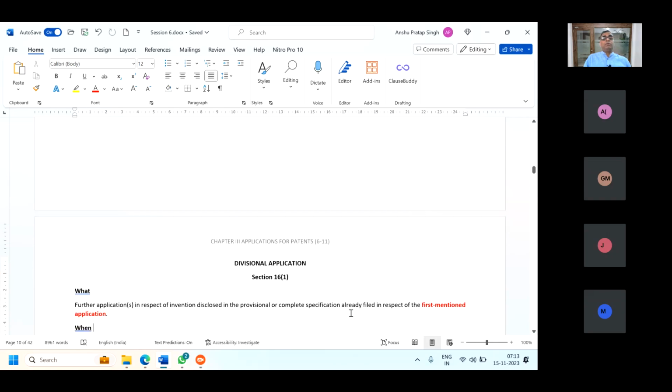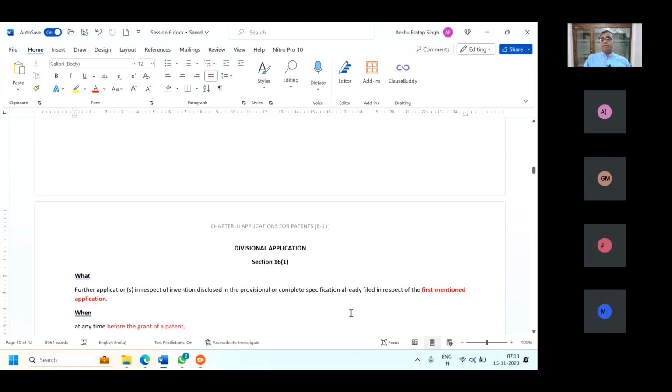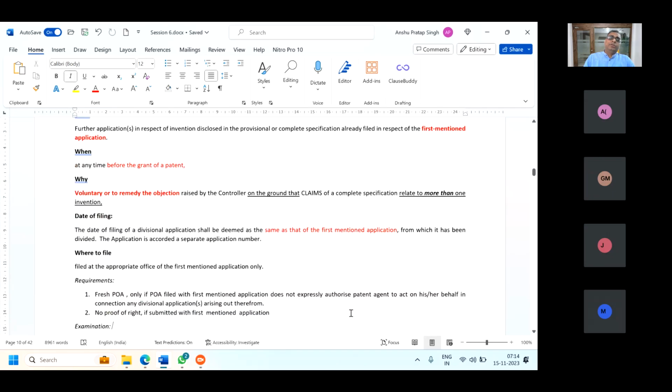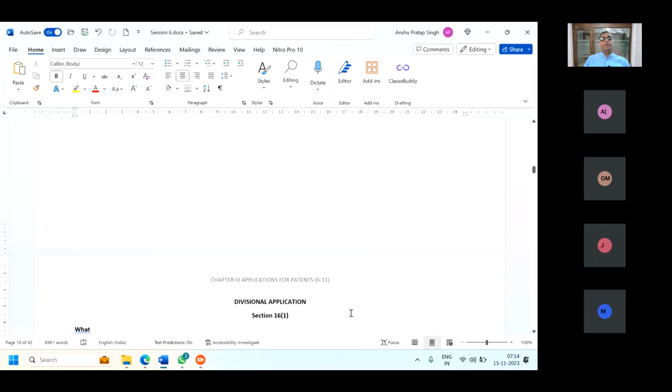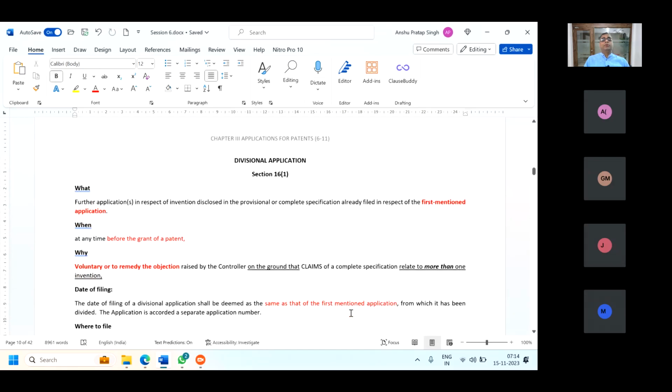Now, today we will discuss the divisional application in detail, the patent of addition in detail, and the convention application. A general idea of the international application will also be discussed. Okay. First, as I told you, a divisional application comes in when, suppose, you have filed a patent application.